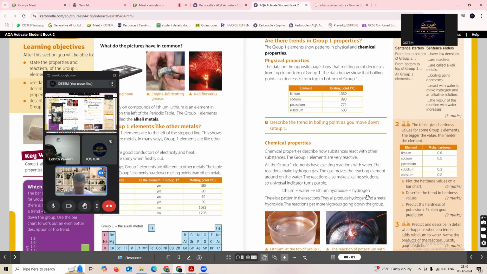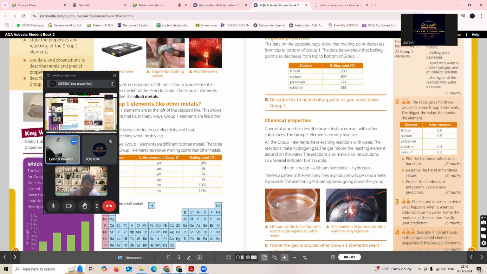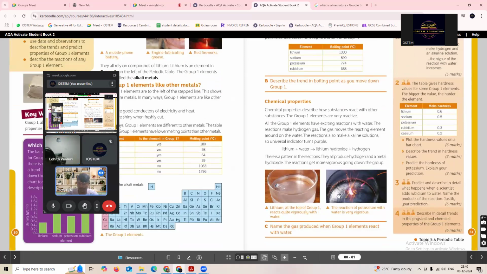Otherwise, if you simply say your hardness will be 0.4 because it is decreasing, there might be a chance of reducing the marks. If you want to write, you can write this kind of answer, so that from the next time, if you have any exam, you can write like this. You got it, right? How to write it?